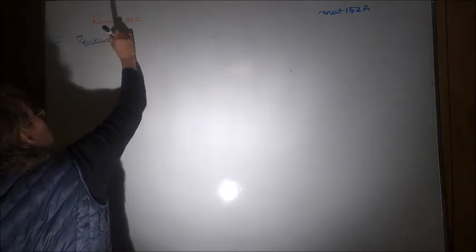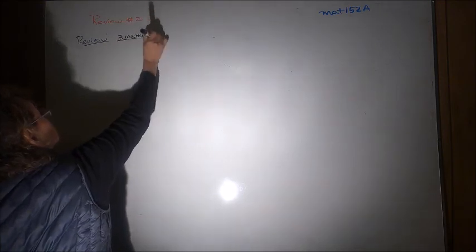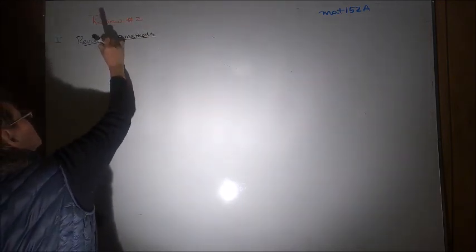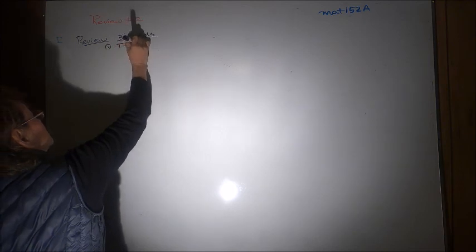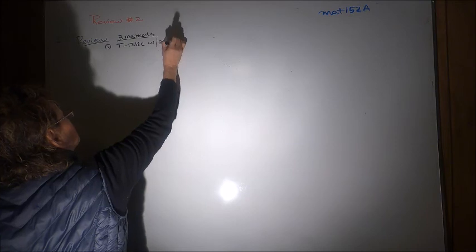Then we learn what? 3 methods to graph it, right? 3 methods to graph the line. First one is what? T-table with how many points? 3 points, right?